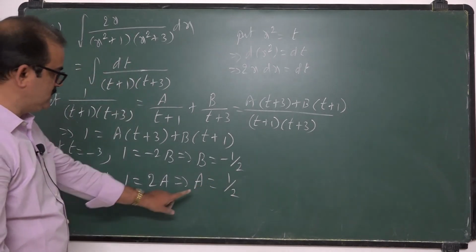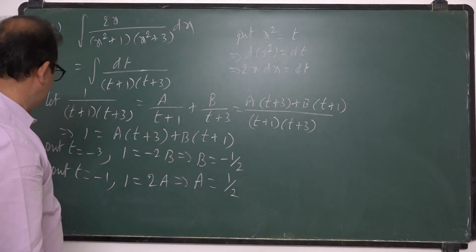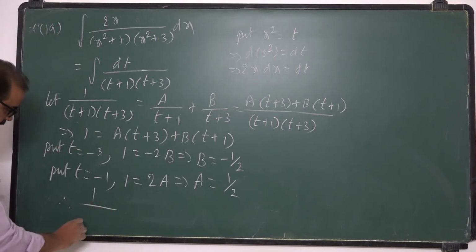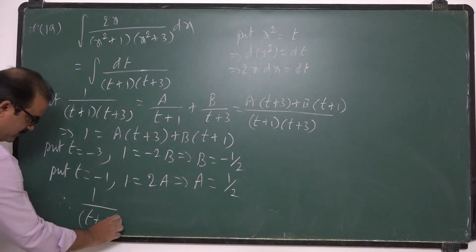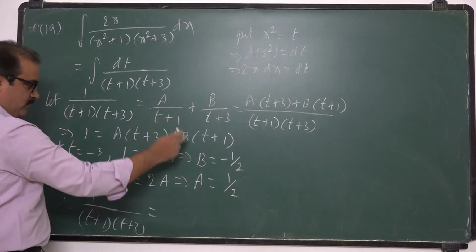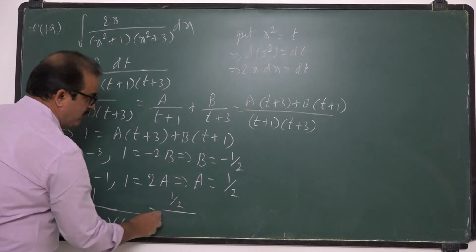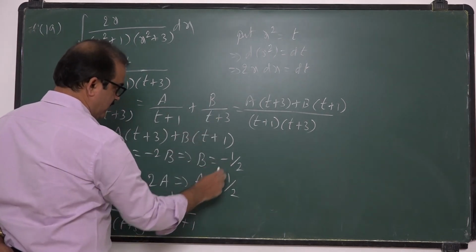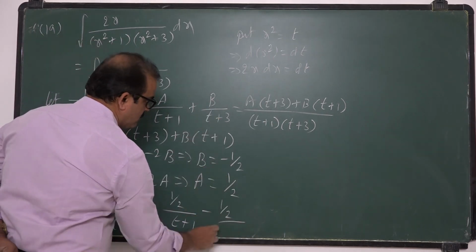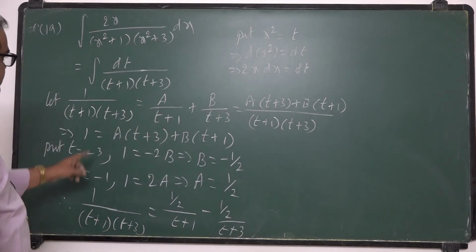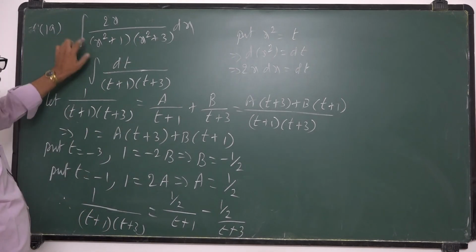Now substitute the a value and b value here. Then 1 by (t plus 1) into (t plus 3) is equal to, what is the a value? 1 by 2 by t plus 1, b value minus 1 by 2. Now integrate. This problem is equal to this.